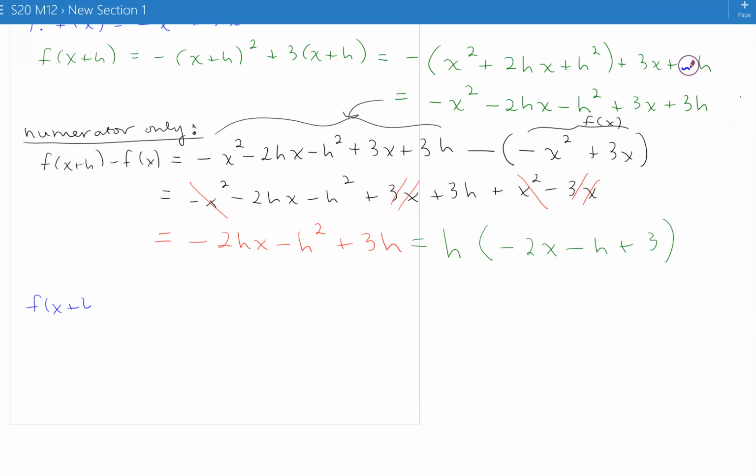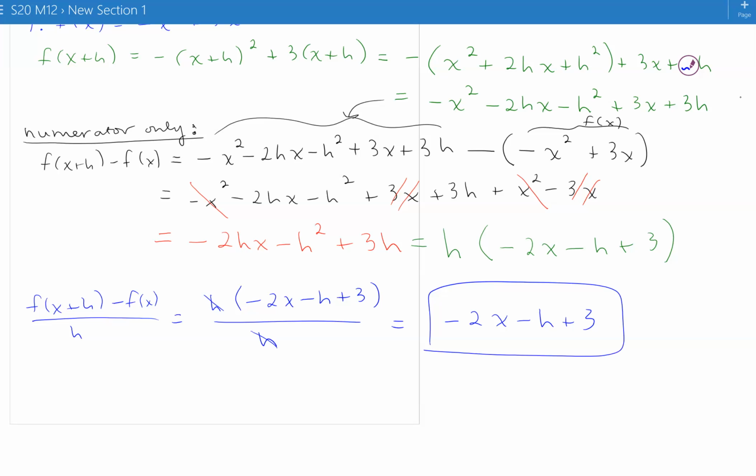Take what I just found, that's the numerator, and divide it by h. So you'll have h times negative 2x minus h plus 3 over h. So your answer is negative 2x minus h plus 3.